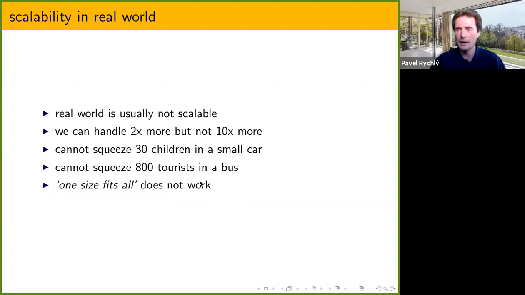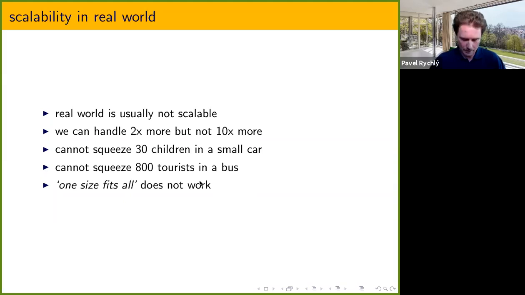in a small car. The same if you have a bus which can be used for 80 tourists. You can probably use it for 100 or 150 people, but you cannot use it for 800 tourists.